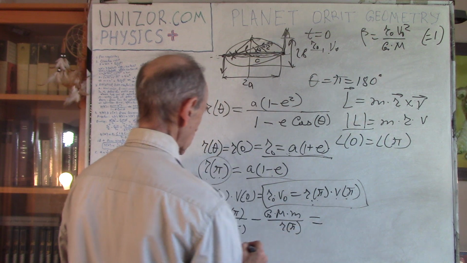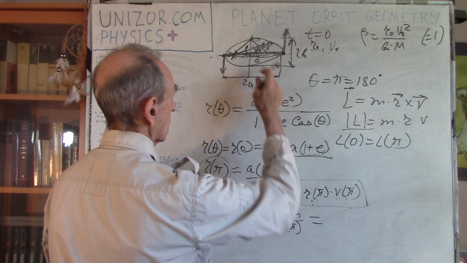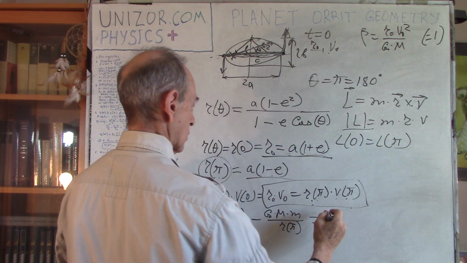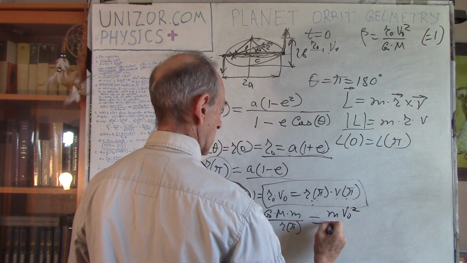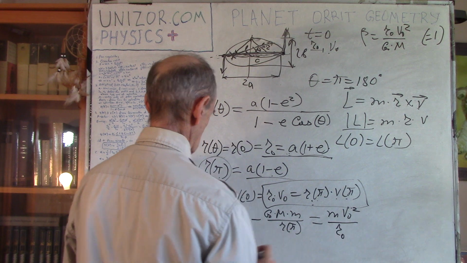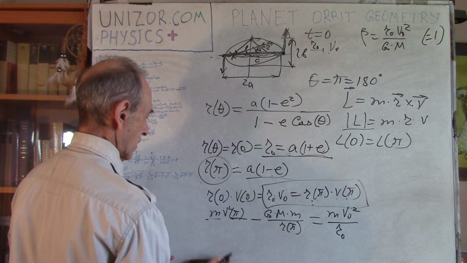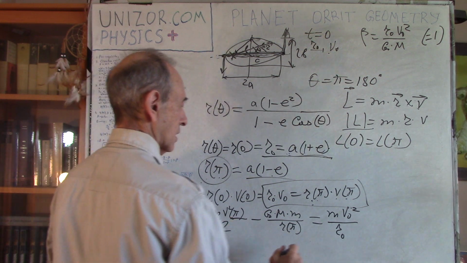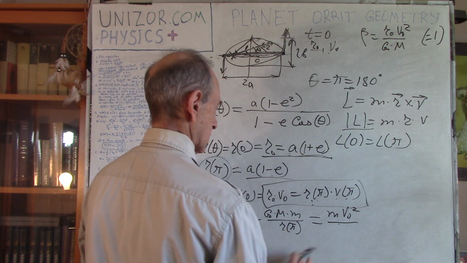And it's equal to, so this is of pi, and this is supposed to be the same thing for angle 0, which is m v0 squared divided by r0. Wait a moment. No. m v squared divided by 2. What am I writing? This is kinetic energy divided by 2.